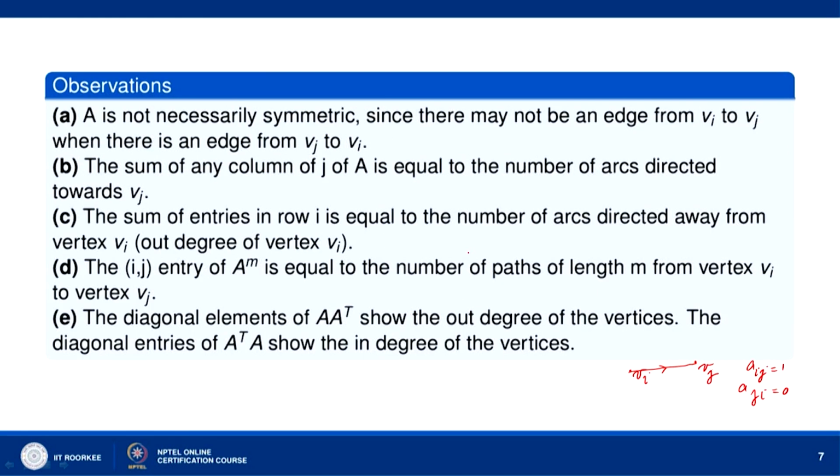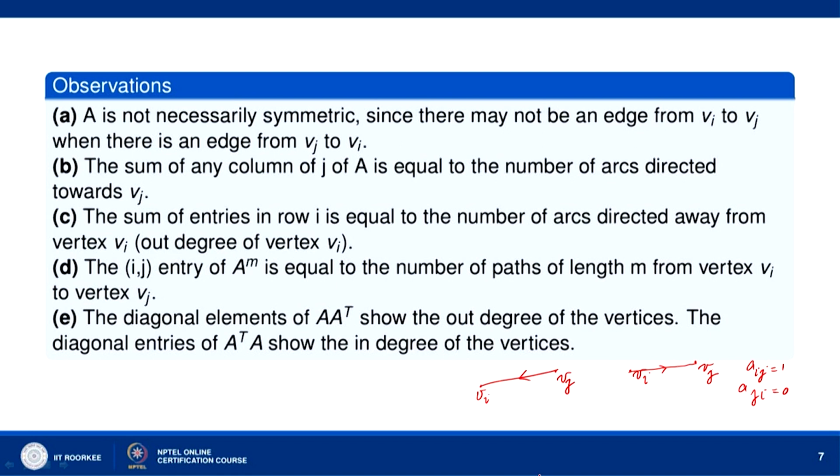So, the matrix is not necessarily symmetric, since there may not be an edge from Bi to Bj when there is an edge from Bj to Bi. It could be like this also: there is an edge from Bj to Bi, but there is no edge from Bi to Bj.